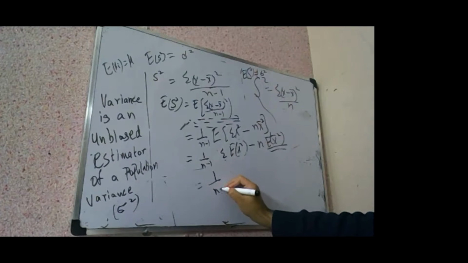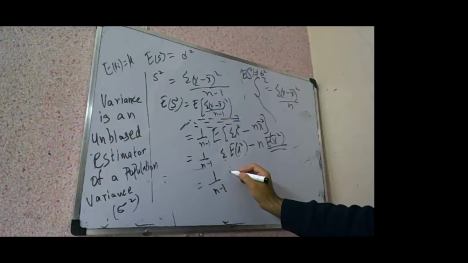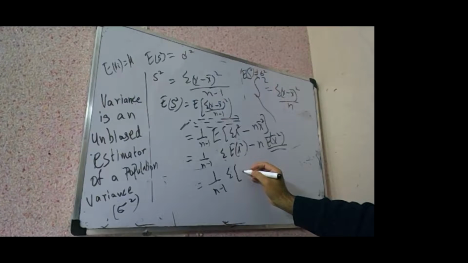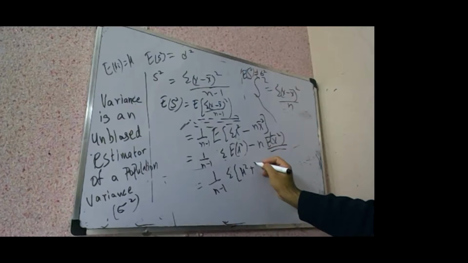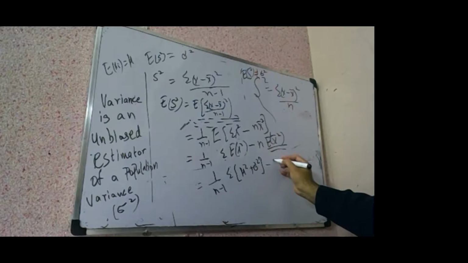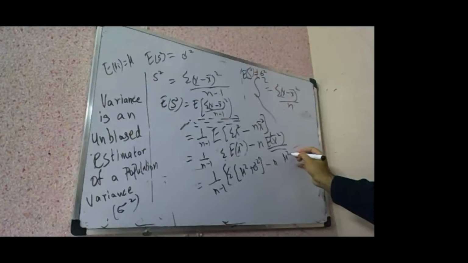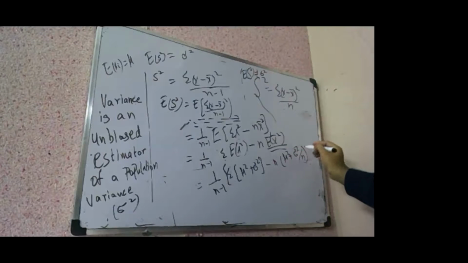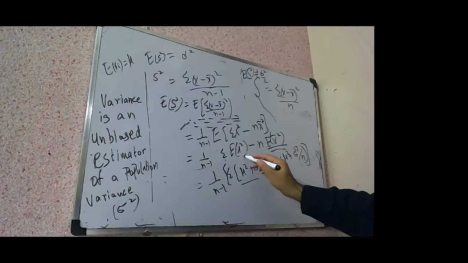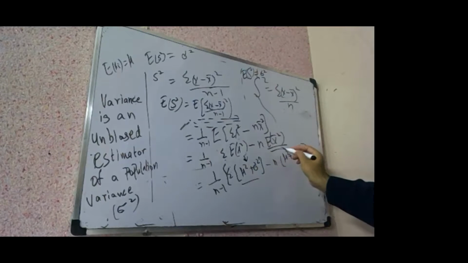You will get 1 upon n minus 1 summation of mu square plus sigma square, right? Minus n, and it's as it is. And what was this value? Mu square plus sigma square upon n. Now you know how I got these values instead of this, right?